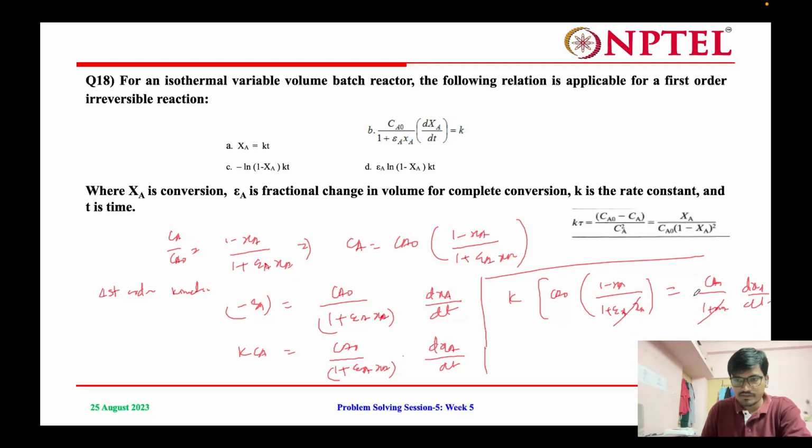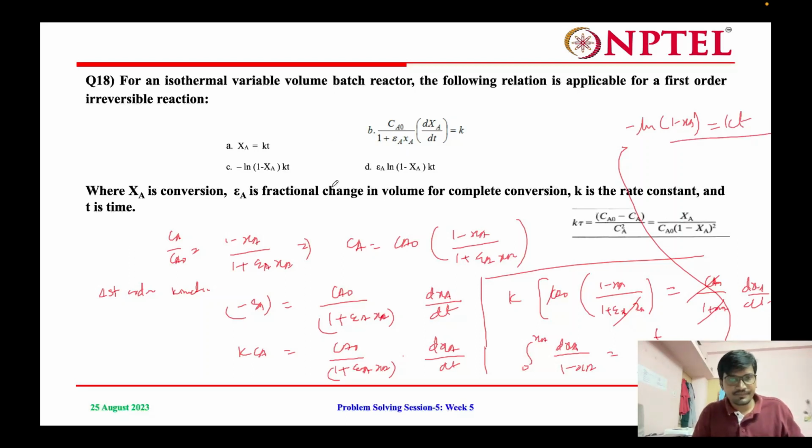These get cancelled, right? Let us integrate 0 to XA dXA by (1 minus XA) equal to K integral 0 to t dt. You will get minus ln (1 minus XA) equal to Kt. Check the options. Here C is the right answer.